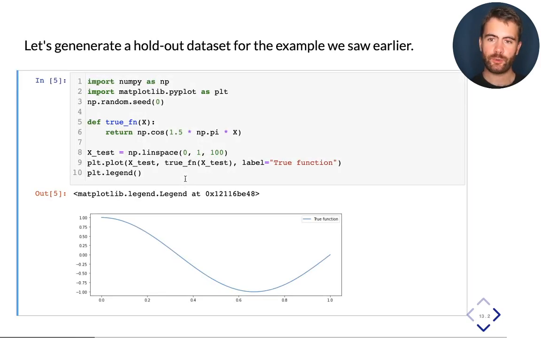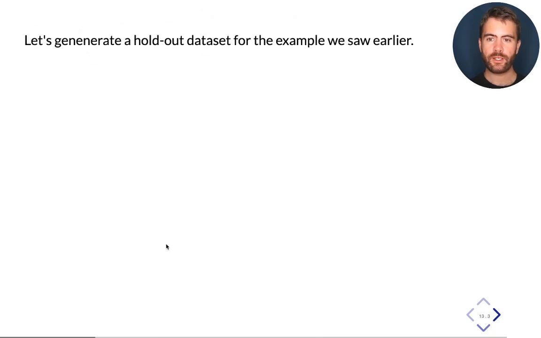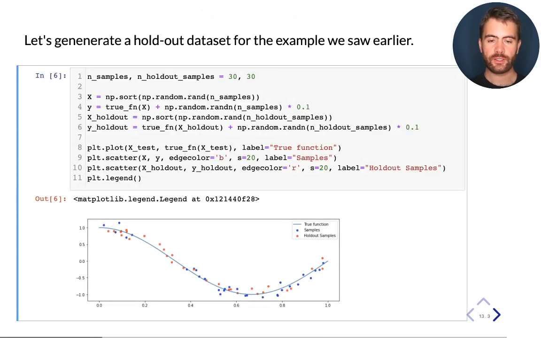Recall that in the previous video, we defined a data distribution for a regression data set in which we have a true function that describes the relationship between x and y, and we create a data set by generating noisy points around this function.